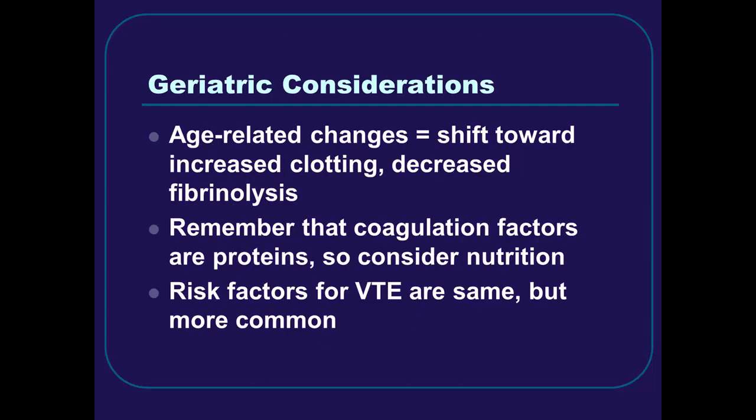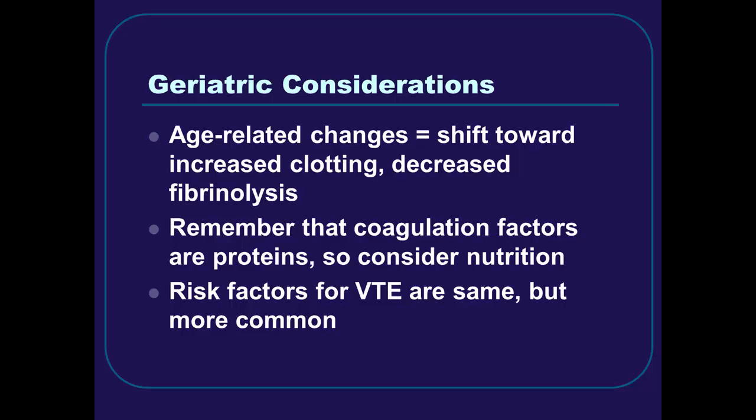We also want to consider age ranges when we think about clotting and homeostasis. We know that as we get older, especially as we get into our late 60s, 70s, and on into our 80s, 90s, and 100s, there is a shift toward increased clotting and decreased fibrinolysis. So if we have a shift toward increased clotting, you'll see an increase in thrombus formation.